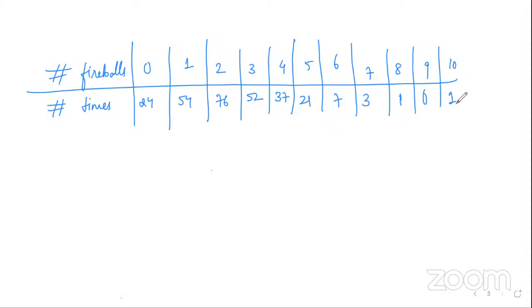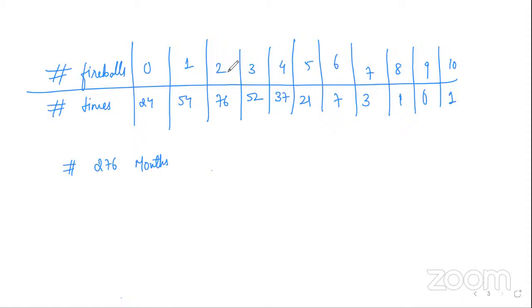The question was about 276 months. So you have a total of 276 months, and in these 276 months, in 26 months you have 0 fireballs that entered the Earth atmosphere, in 54 months you have 1 fireball, in 76 months you have 2 fireballs, and so on.